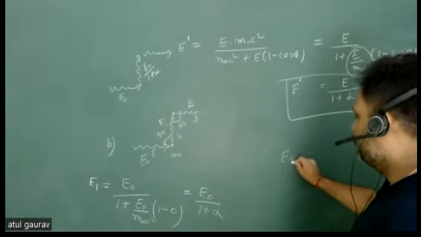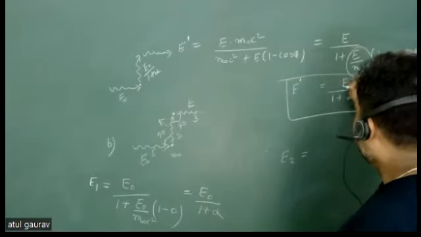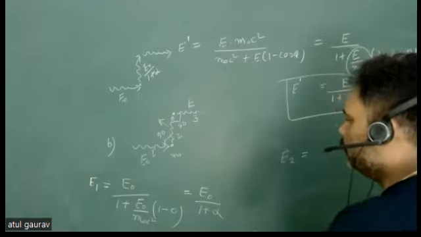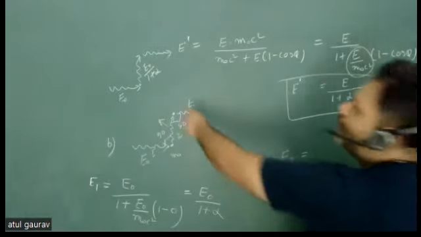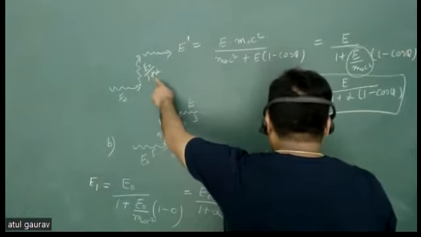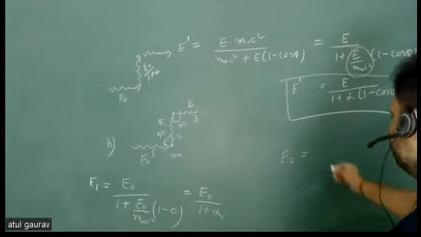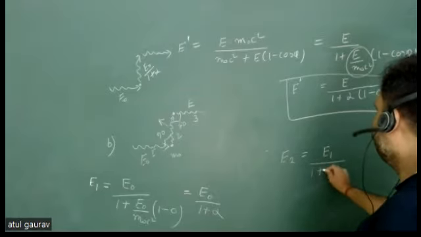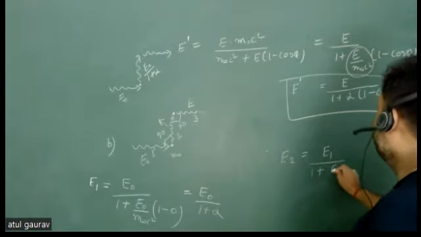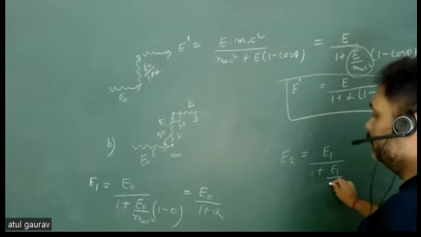So let's go for E2. Now here, in place of E, what do we have to put, E0 or E1? E1, sir. Very good. You have to put E1 here, and you will go for 1 plus E1 by M0 C square, not alpha, that will be a different thing.